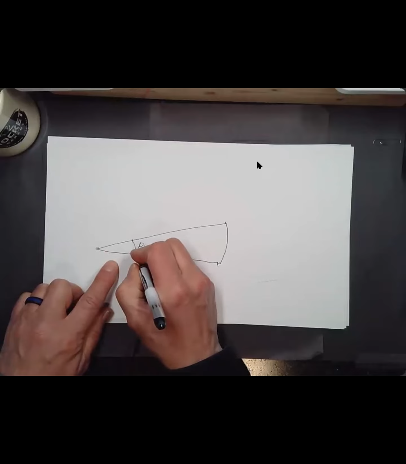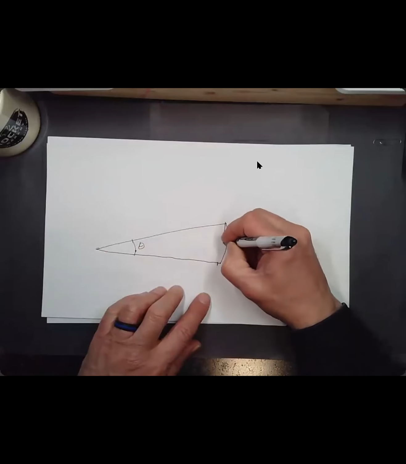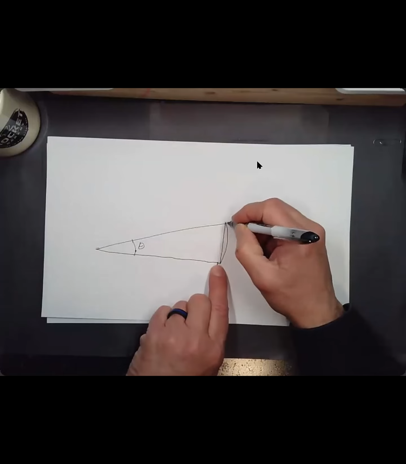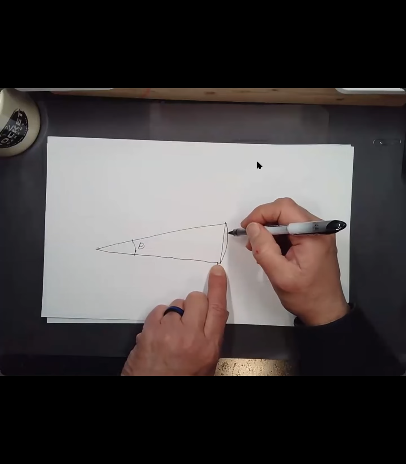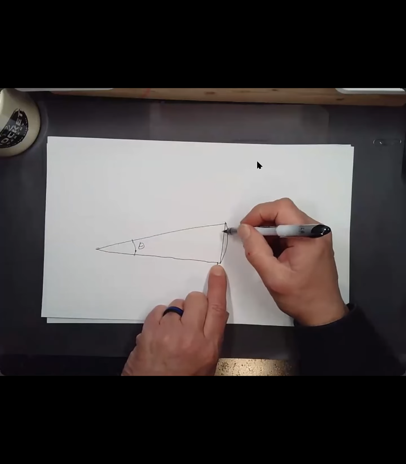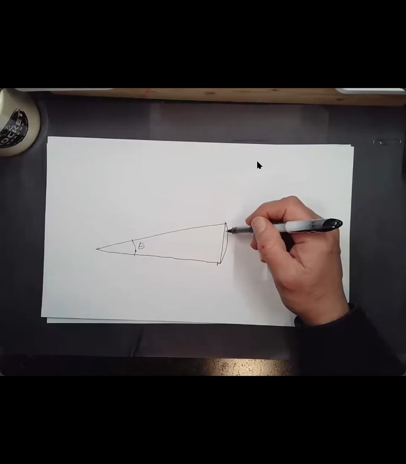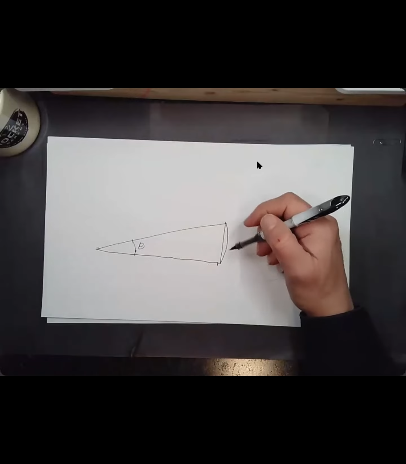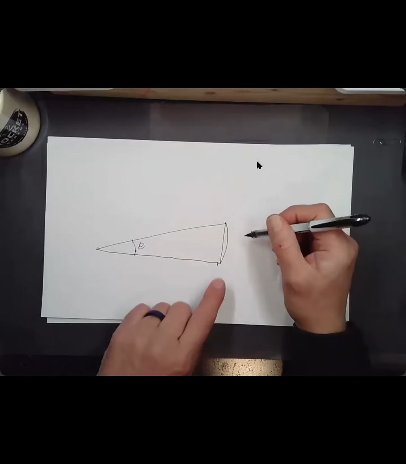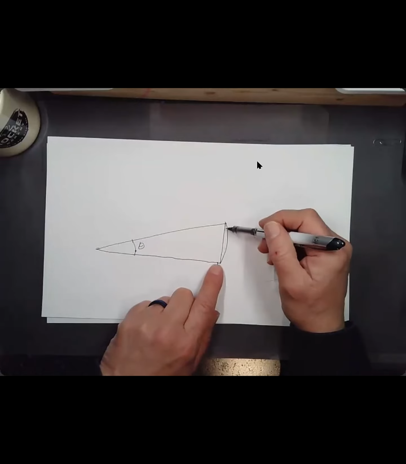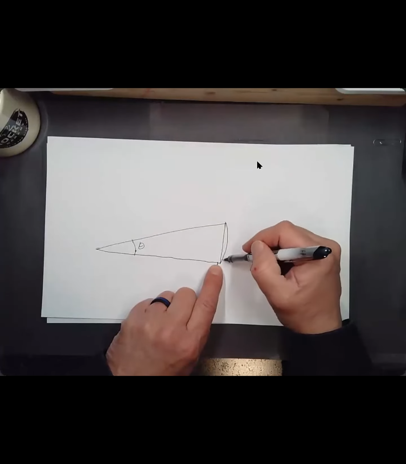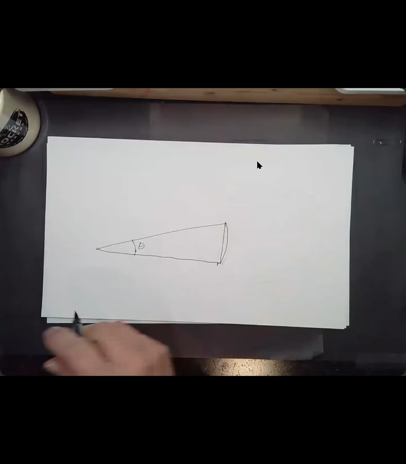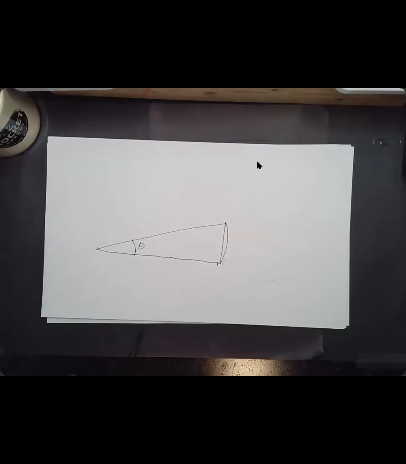But if the angle is small enough, you can use the chord length that separates these two things. I don't remember how you spell chord in the mathematical sense. Haven't done that since high school geometry, I don't think. But anyway, when you make the angle smaller, there's no significant difference between this straight line and this curved line. And that's the assumption that we'll be going off here.